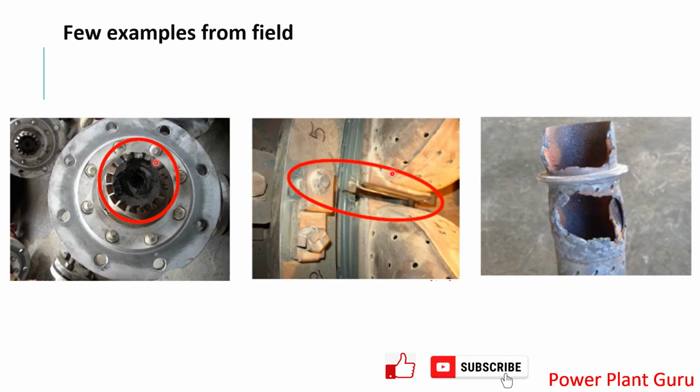Second, if you see, this is the transition piece, and the airflow goes like this towards the turbine. Suppose all 10 transition pieces are there, and there is one flange where you have leaks. What will happen?